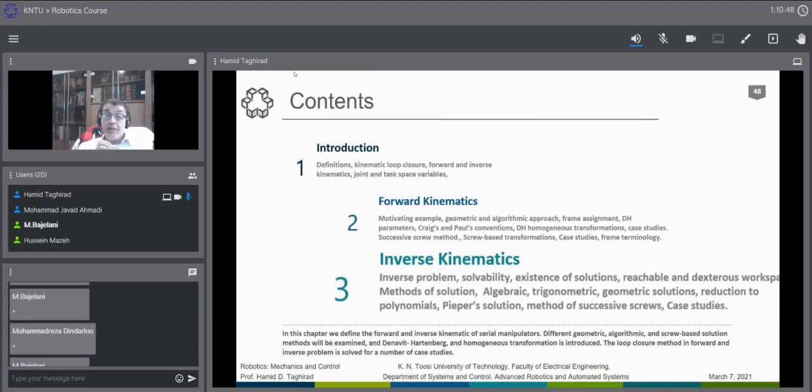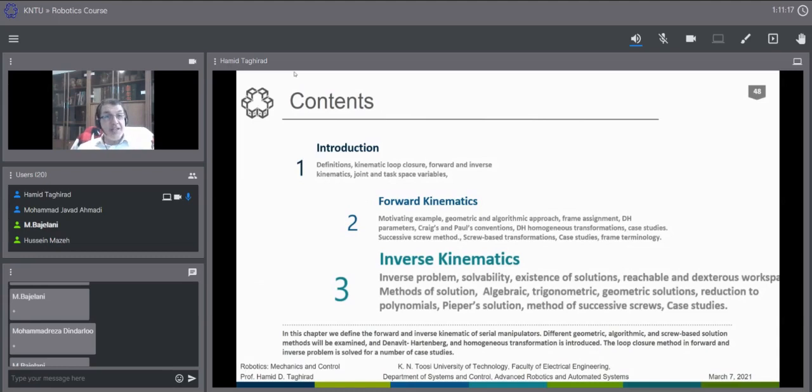Some of the most interesting issues between the physical concepts you see in a robot and the mathematical background come up in inverse kinematics. It is a very challenging problem. So many people have worked on it, which means there are still so many open problems.